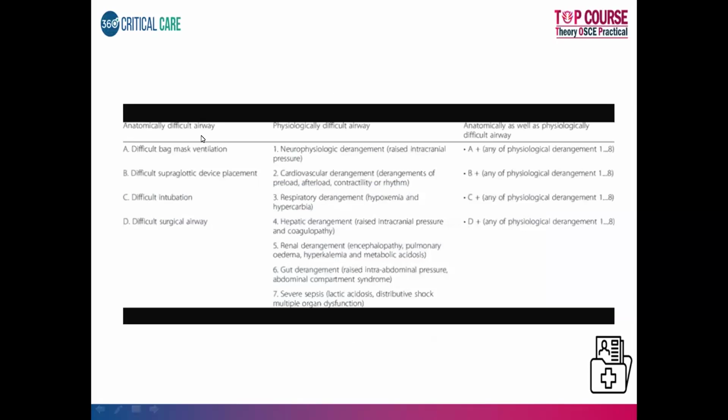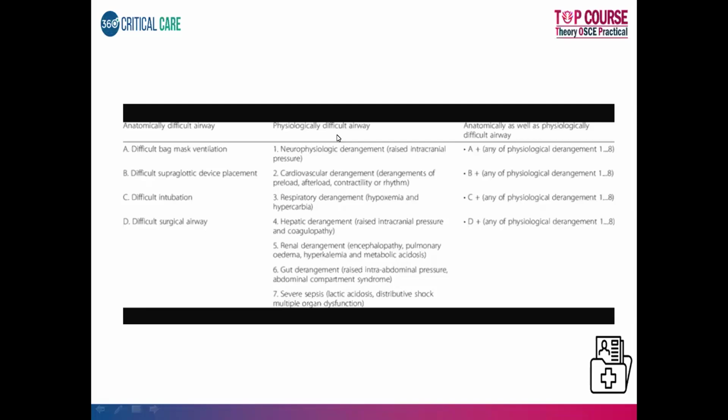So anatomically difficult airway, as I already told, is the spectrum: difficult bag mask ventilation, difficult supraglottic device placement, difficult intubation, or difficult surgical airway. Now, physiologically difficult airway is basically involvement of any of these systems. Suppose in the neurological system the patient has raised ICP, then we will be confused about what type of induction agent to give, right?